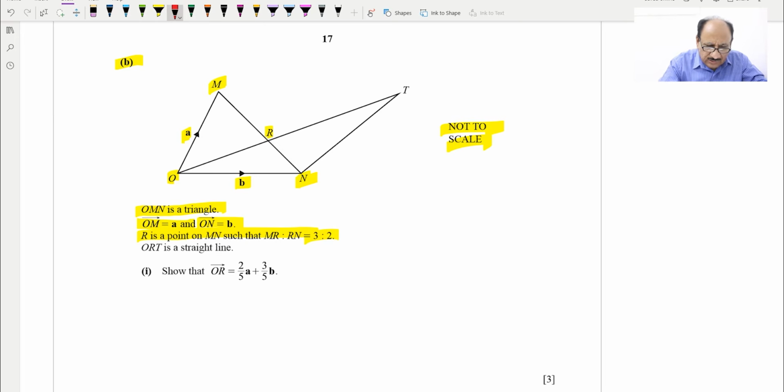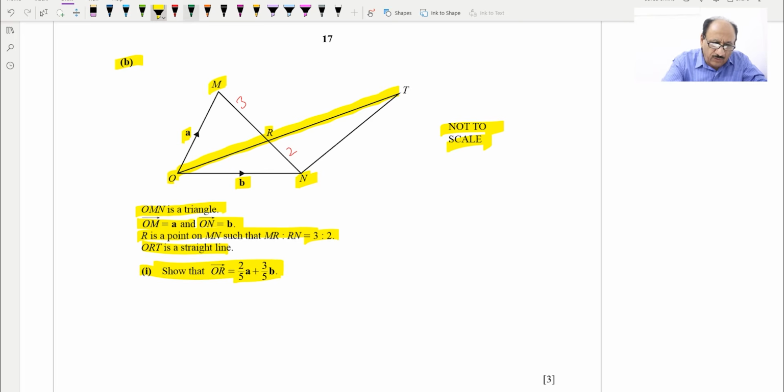So it means this one is 3, this one is 2, so divided into 5 portions. And then they are saying ORT is a straight line. ORT, this one is a straight line.